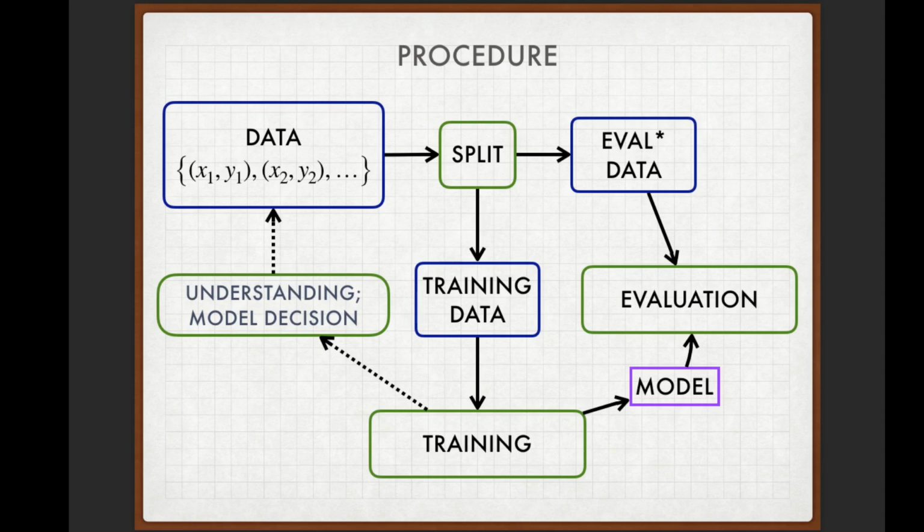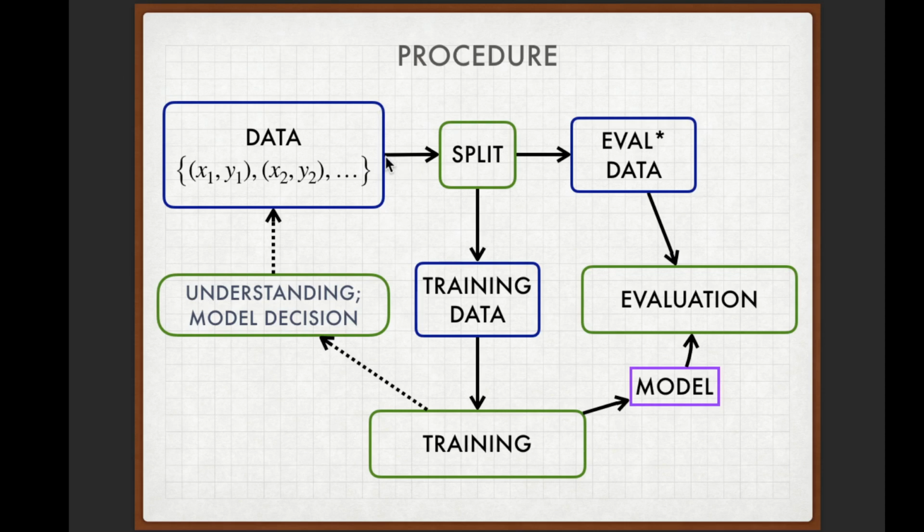So, the procedure of learning. In this figure, I use blue boxes to represent entities, something that is tangible, that is stored in a computer memory, like data or program. And the green boxes represent operations.